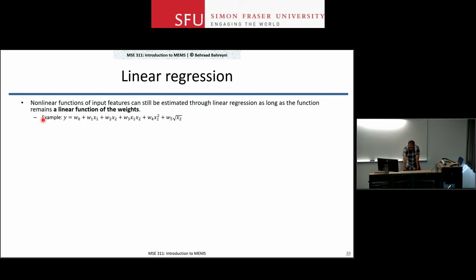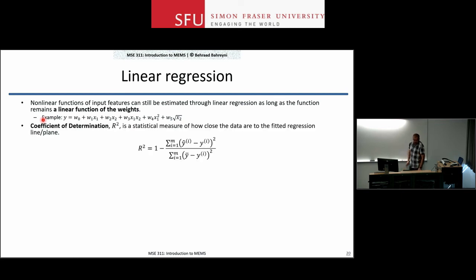How do we know if a fit is a good fit or not? Well, one way of quickly determining that is to use the coefficient of determination, R squared. You have seen this, I'm sure, in a lot of graphs, that people report an R squared value of such and such as an indication of how good their fit is to that data. Basically you look at the difference between the estimated values and true values.